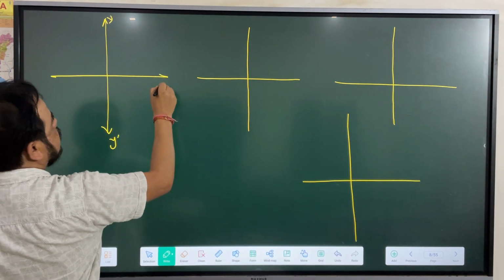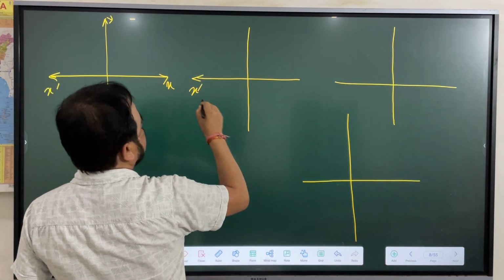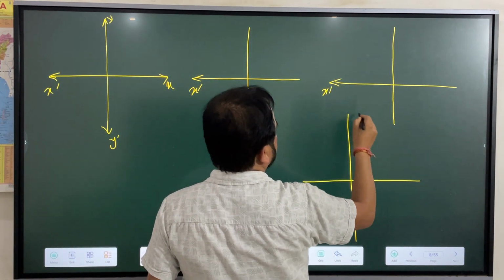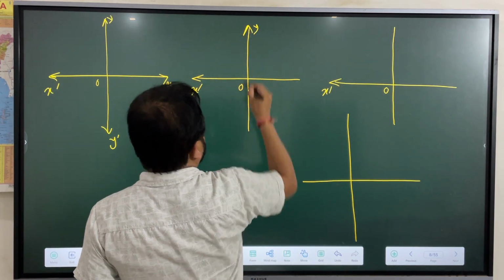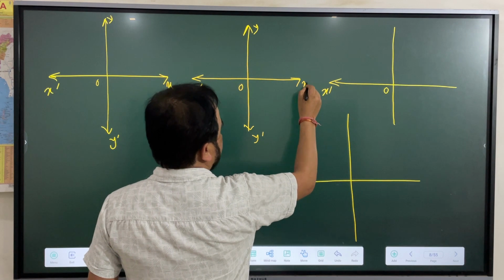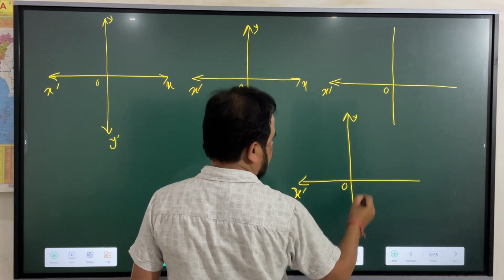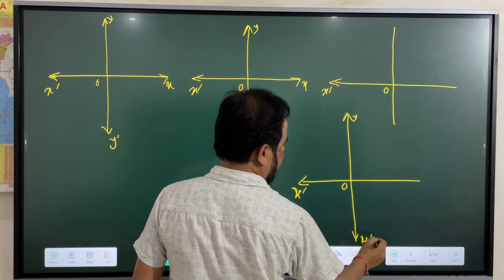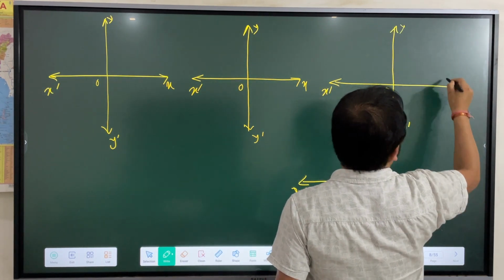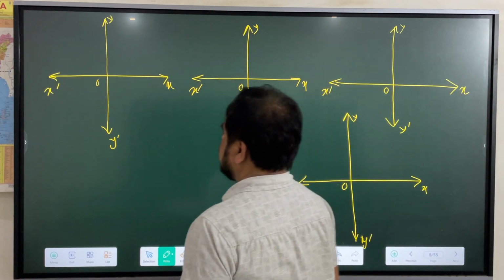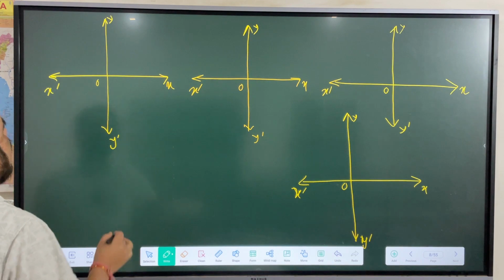Y dash, x dash. So this is the diagram, 4 diagrams. Why? Because 4 quadrants.